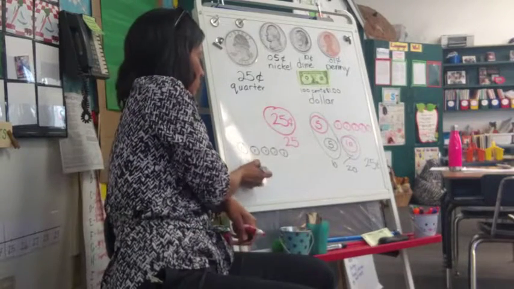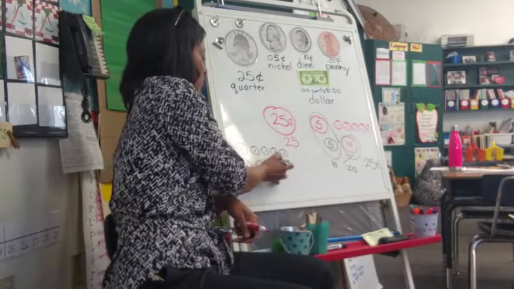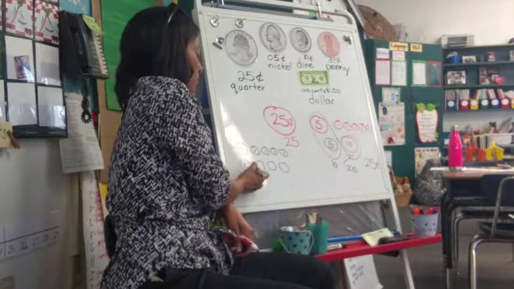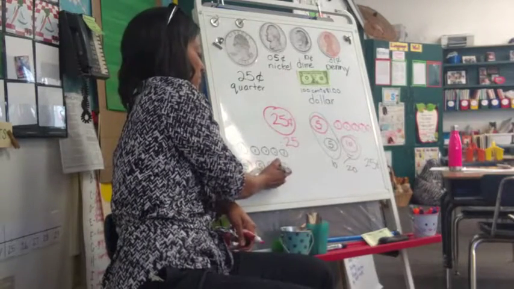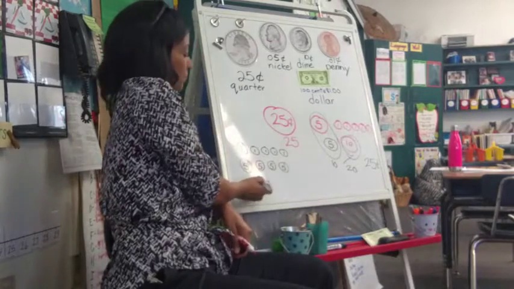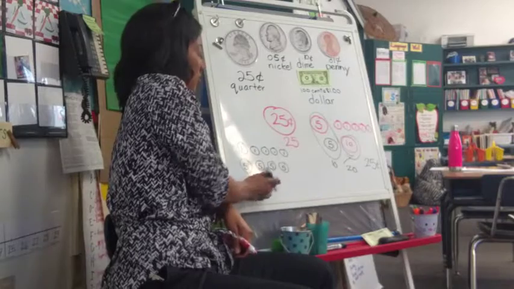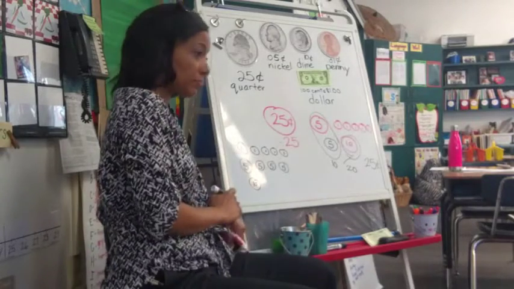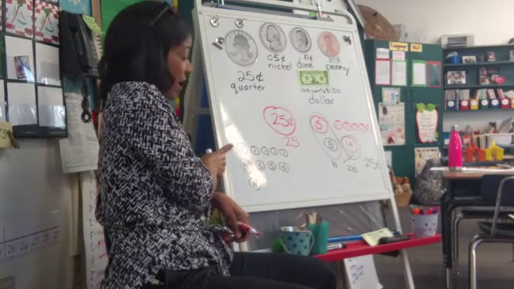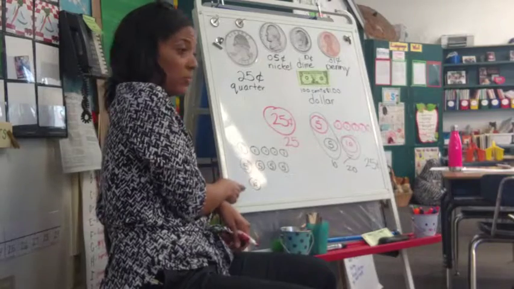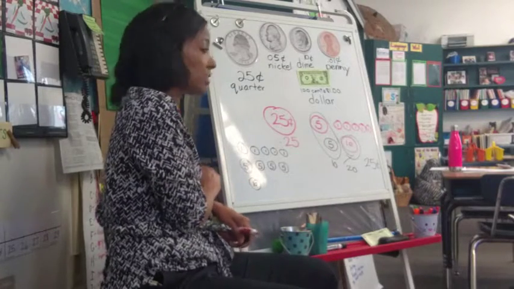Four nickels. 1, 2, 3, 4. And 1 dime. And 1 dime? Not 2? Okay. So did I say that right? 5 pennies, 4 nickels, and 1 dime? And you're saying that's 25 cents?